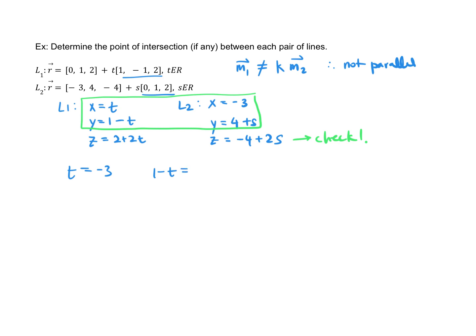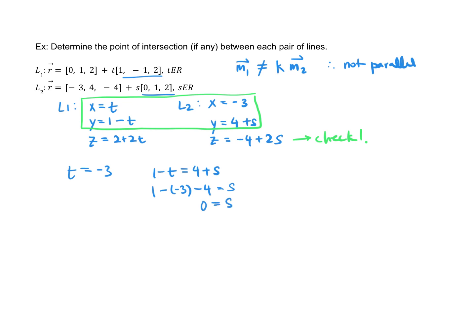1 minus t equals 4 plus s. But we know t is negative 3. And I'll also bring the 4 over. So that's 1 plus 3, which is 4, and 4 minus 4 is 0. Okay.